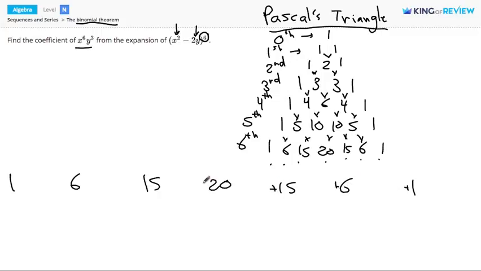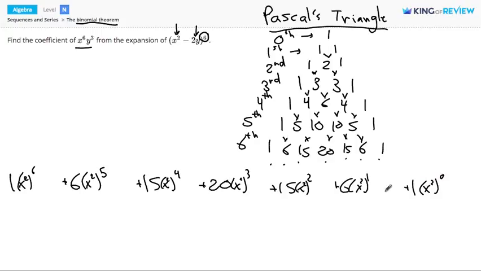To fill out the rest of each of these terms, we go to the actual binomial. The first component is x squared. So in the first term, I'll have x squared to the sixth power, since that's the power we're raising our binomial to. The next term goes down by 1: x squared to the fifth, then x squared to the fourth, x squared to the third, x squared to the second, x squared to the first, and finally x squared to the 0.